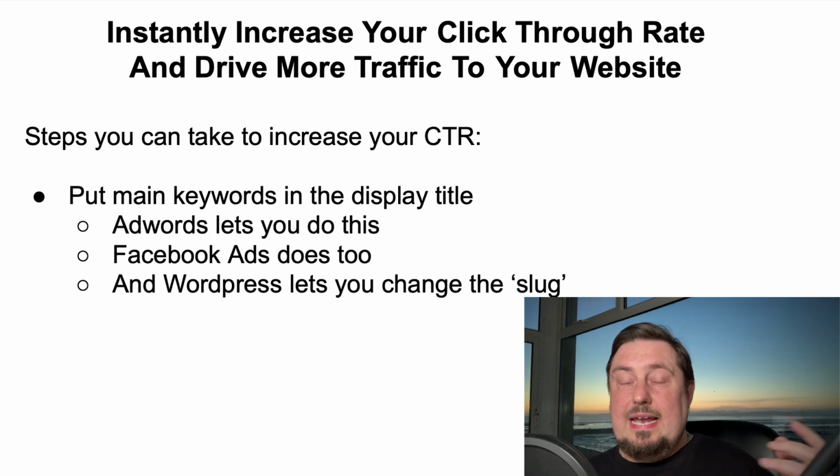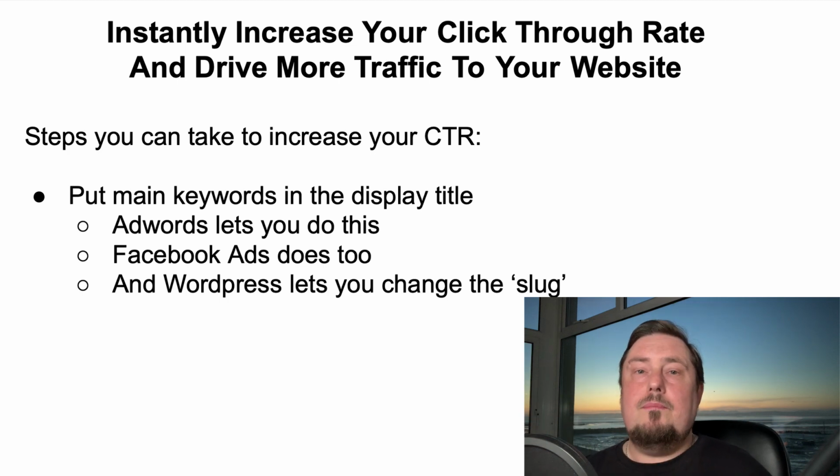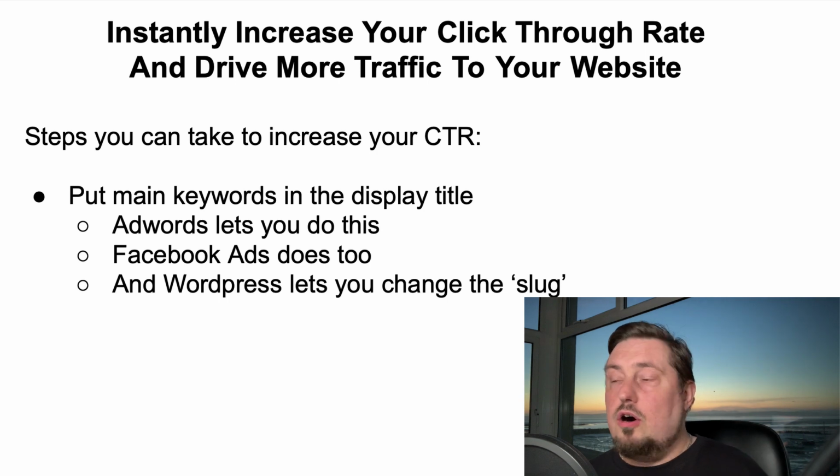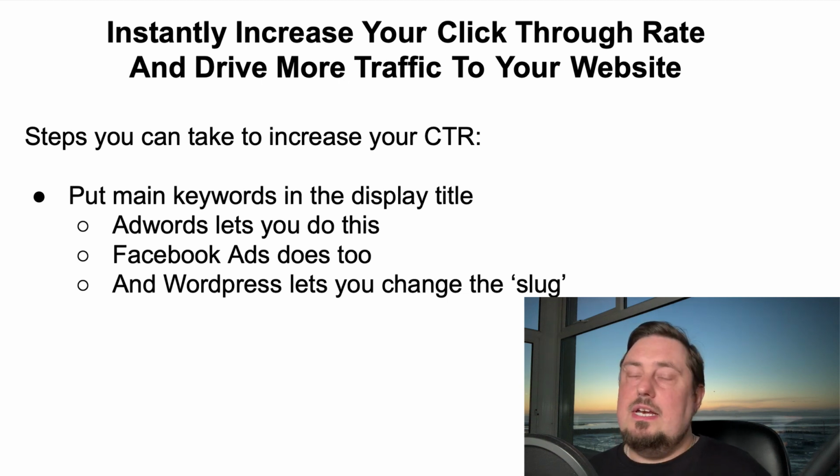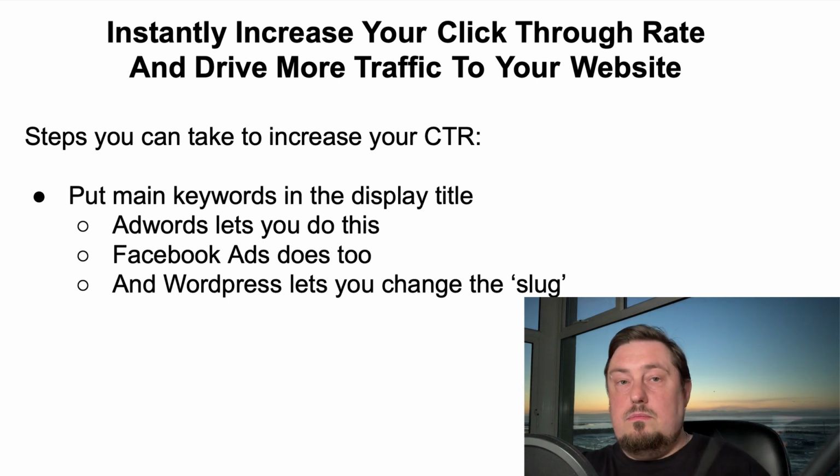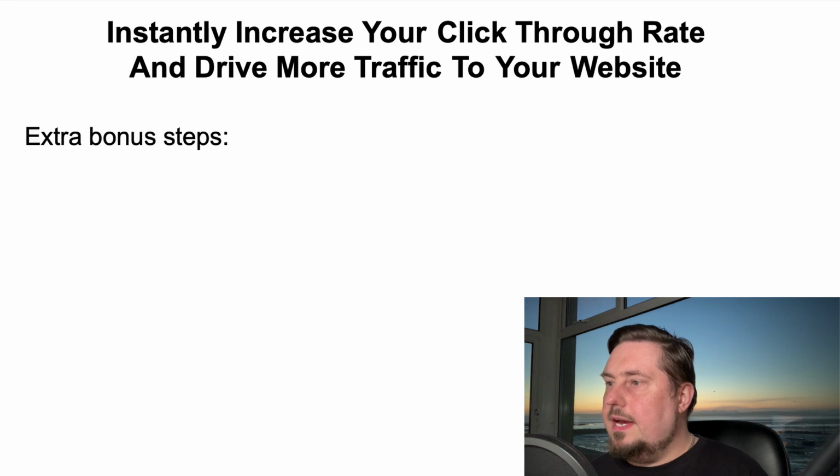So go into the edit page and just go to the permalink thing and put in a few keywords there. That's going to change the actual URL of your post, and it's going to have additional benefit for search engines too. So you kind of double up on that. Plus, it can increase your click-through rate because whoever might be seeing that sees the keywords, so it's more relevant to them. So, a few things for you to do there.